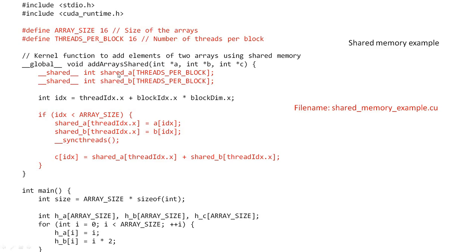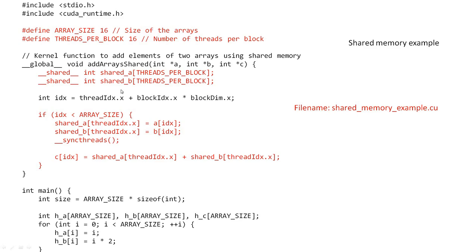Now inside the function, you are creating the kernel add array shared with A, B, C, which will be passed in from the CPU, and shared integer shared underscore A. These are the syntaxes which you have to use for A and B, which was not the case earlier.